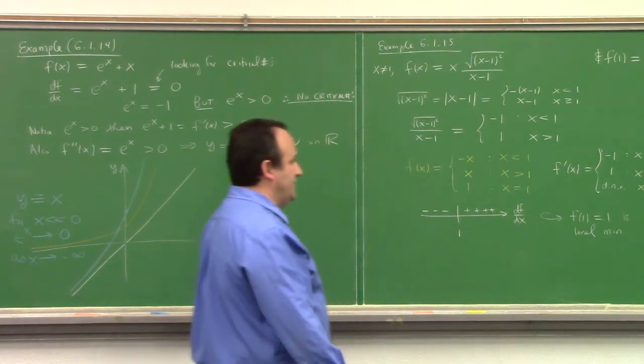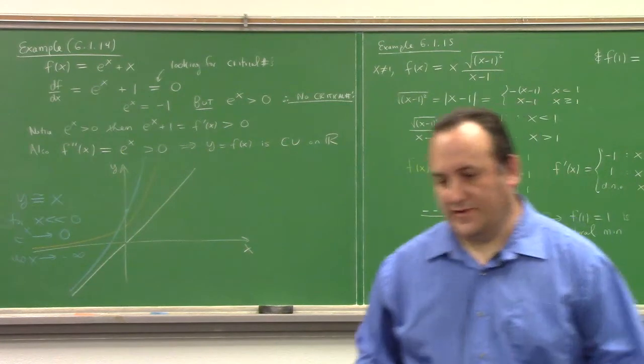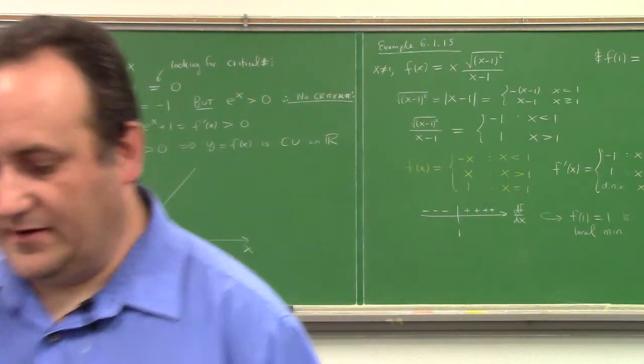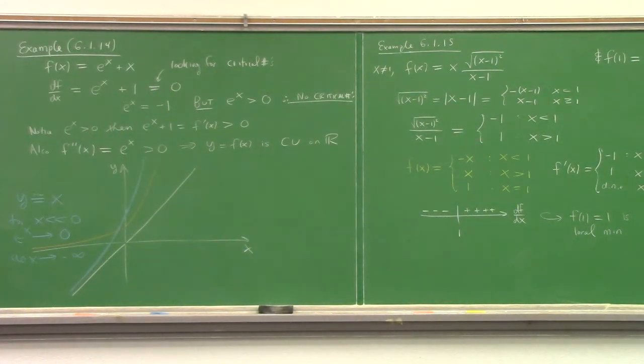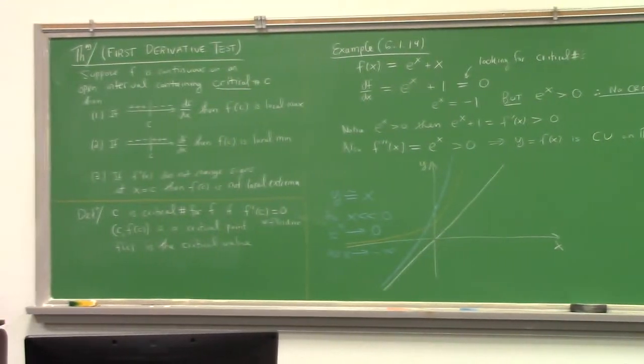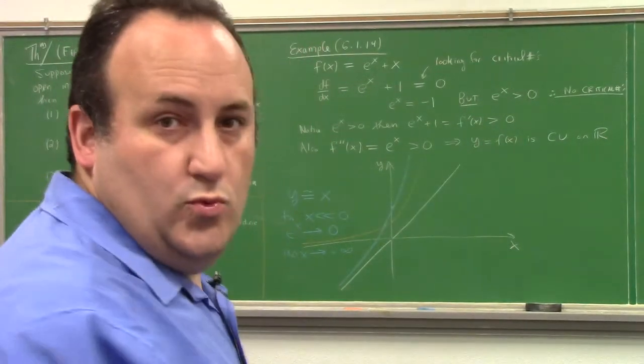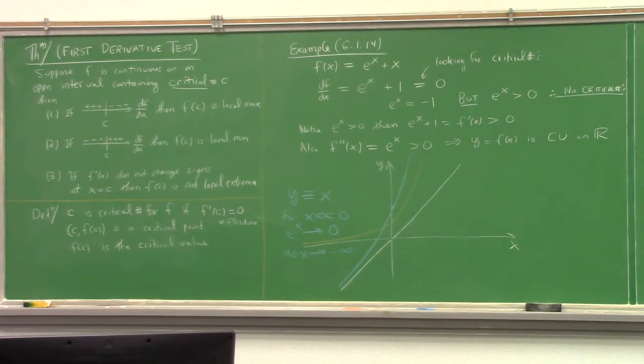So I fished you guys into this. This was a trap, all right? How did I trap you? You're like, well, that seems like the first derivative test that you just said, right? But what was in the statement of the first derivative test? Let's go back.